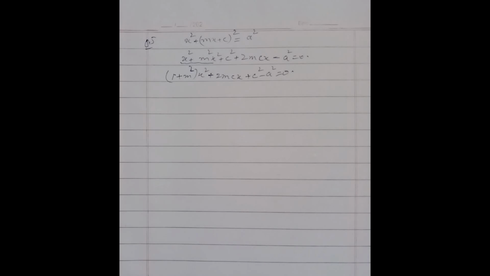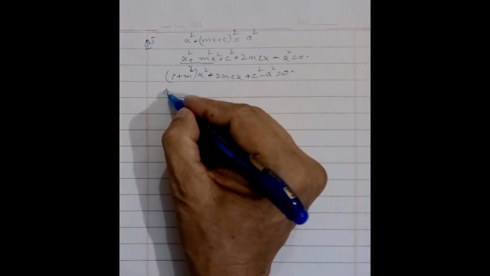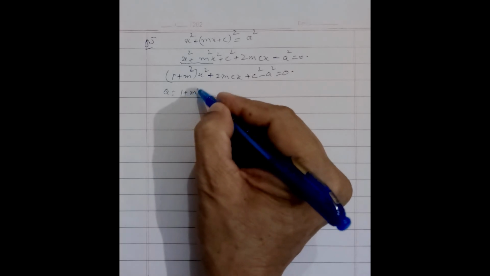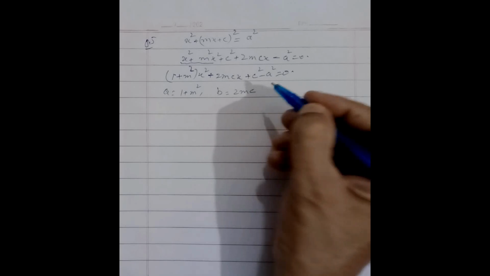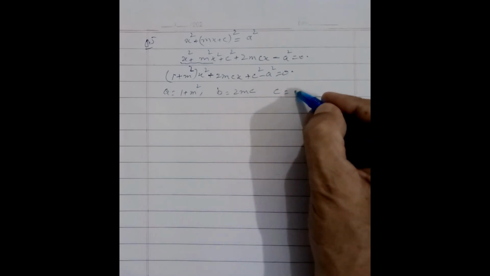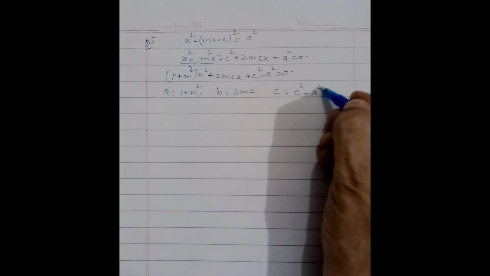And we get the standard quadratic equation in which a is equal to 1 plus m square, b is equal to 2mc, and c is equal to c square minus a square.